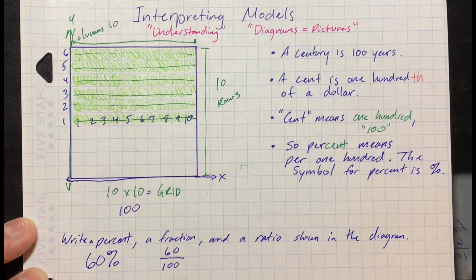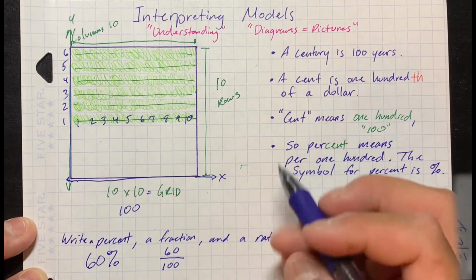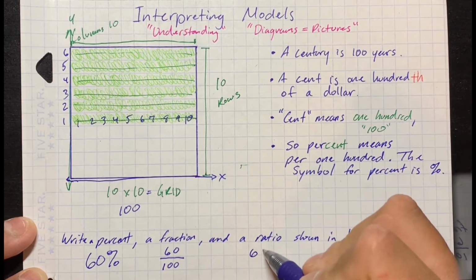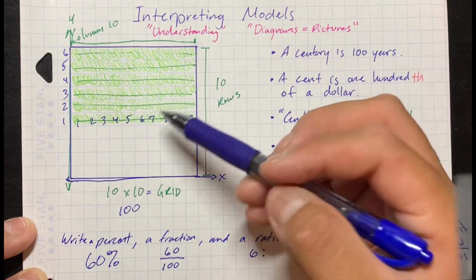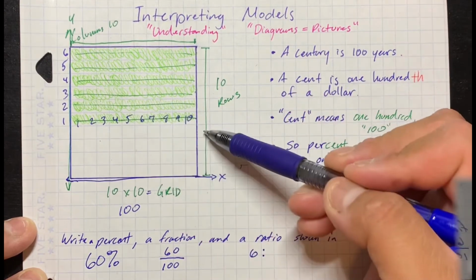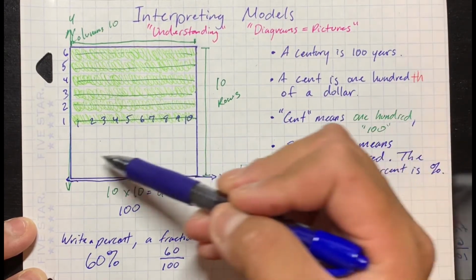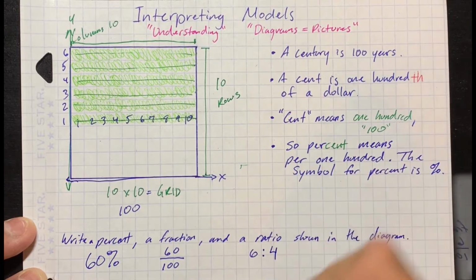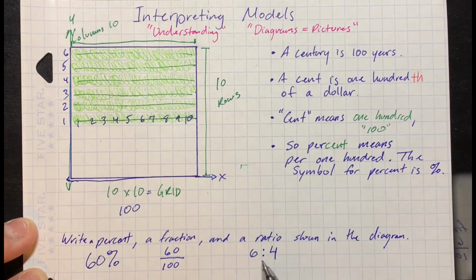All right, next we're going to write this as a ratio. As a ratio, you have 6 tens, and which ones are blank? You have 1 row that's blank, 2 rows that are blank, 3 rows, and 4 rows that are blank. So our ratio is 6 shaded rows and 4 unshaded rows.